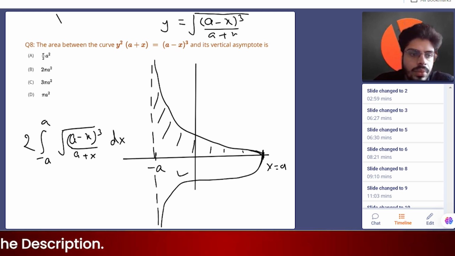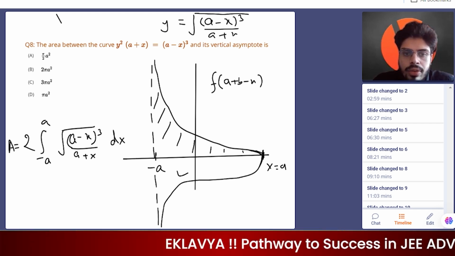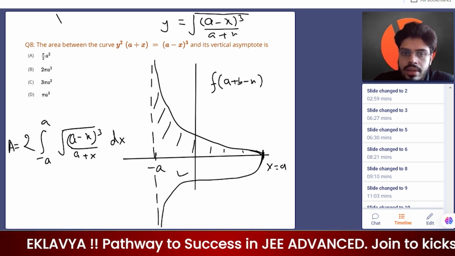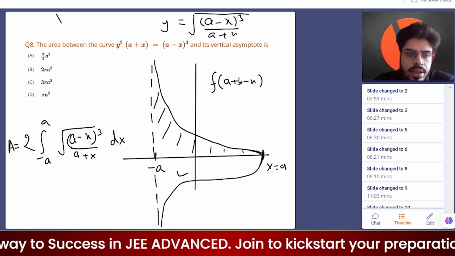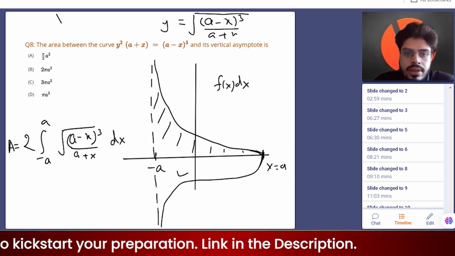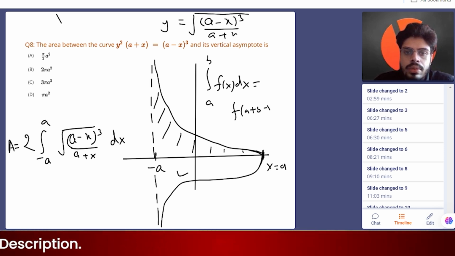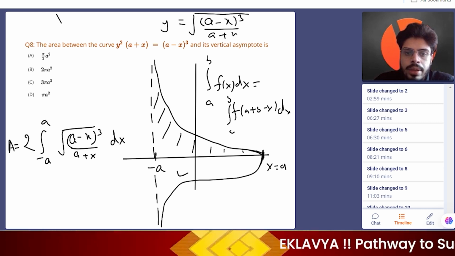Okay, now this is the area. Now we can use the property: the integral of f(x) dx from a to b is equal to the integral of f(a plus b minus x) dx from a to b.